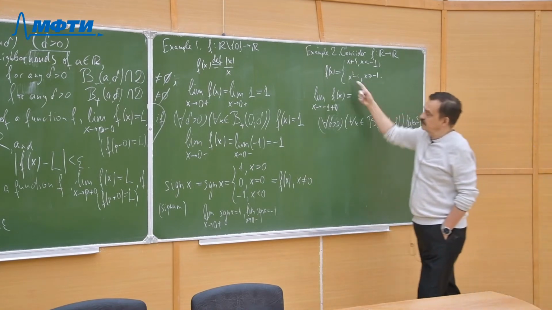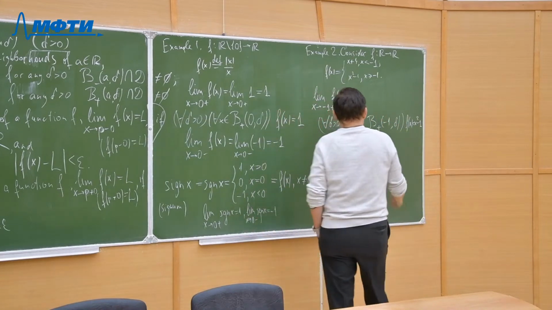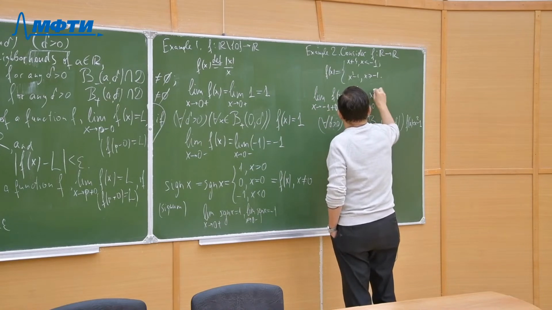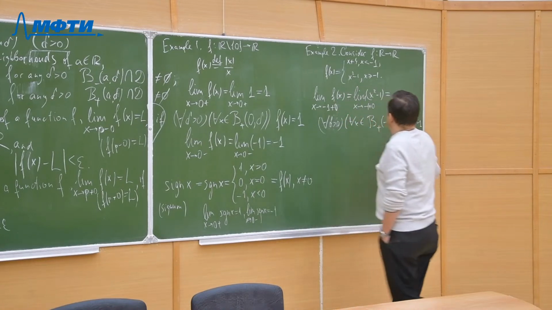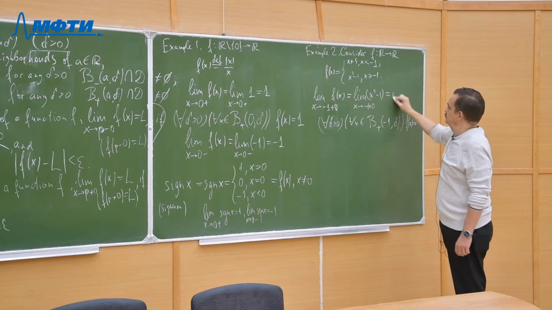If x is greater than minus 1, then we have x squared minus 1. So I can write the limit as x tends to minus 1 plus 0 of x squared minus 1, and then we substitute minus 1, we have 0.